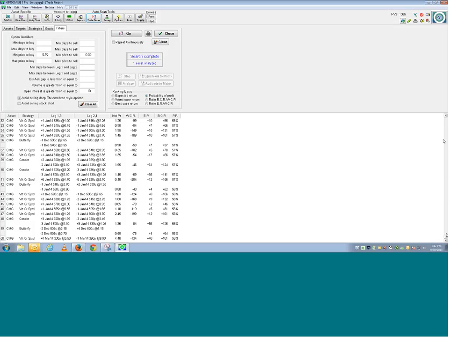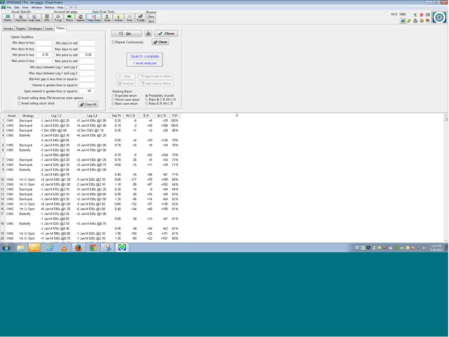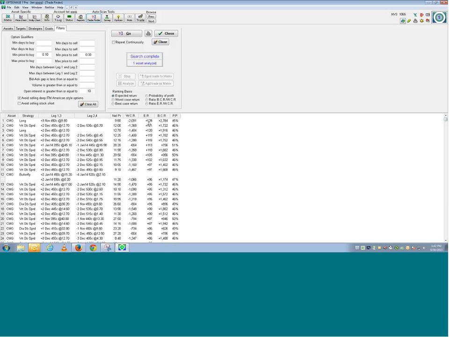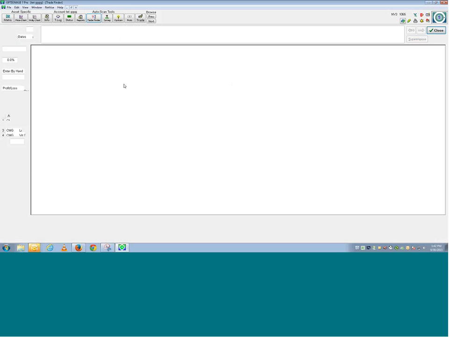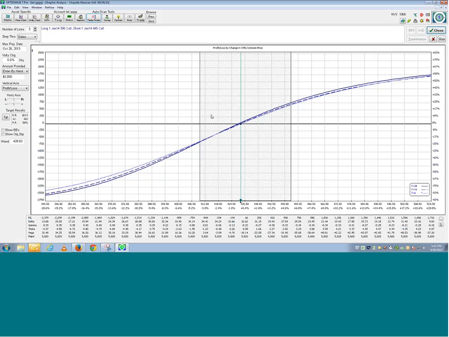Well, let's go to ranking by expected returns. Here's one way to do it. Rank by expected returns. Go to the first probability of profit. Here's one over 50%. Let's go to this one right here. Analyze that one. Okay, here's our target.